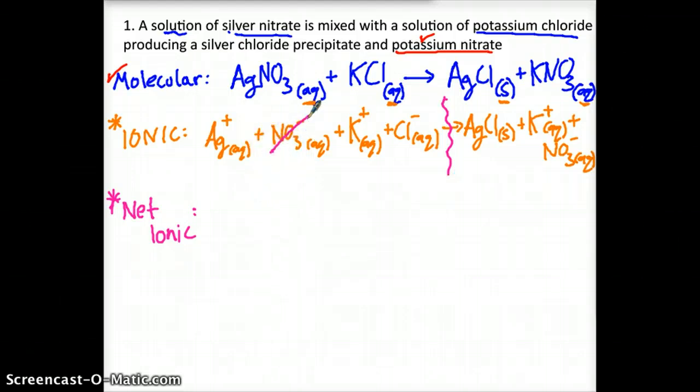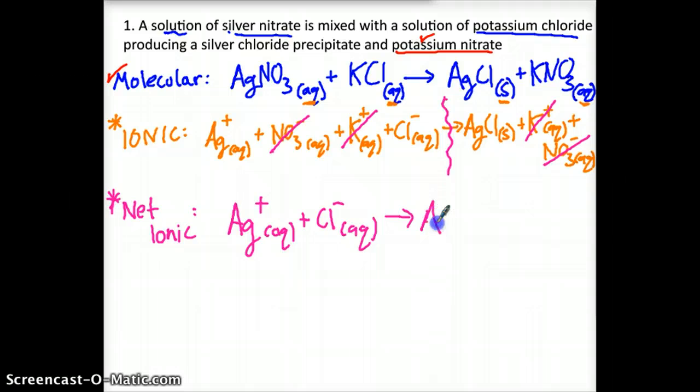We also have the same thing on the product side, so they cancel. K+, potassium, is on both sides. It cancels. Ag+, is there an Ag+ on the other side? No. Is there a Cl- on the other side? No. So all that's left would be Ag+ aqueous plus Cl- aqueous, producing AgCl solid.